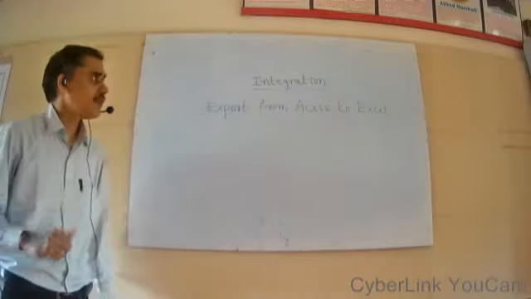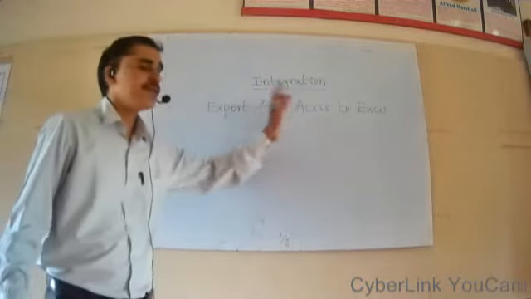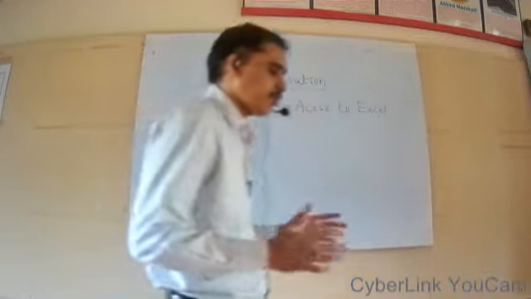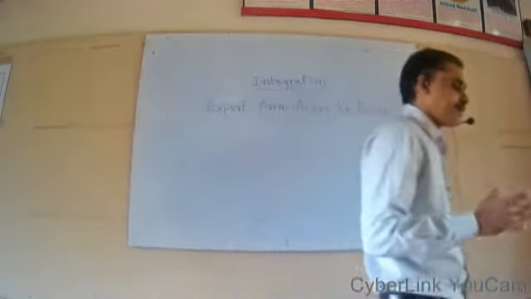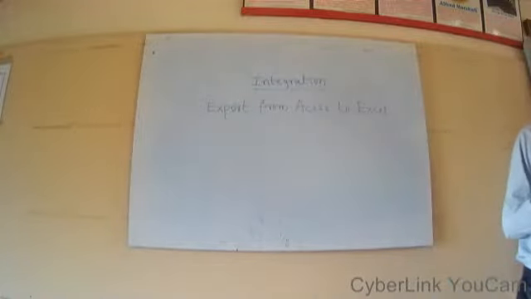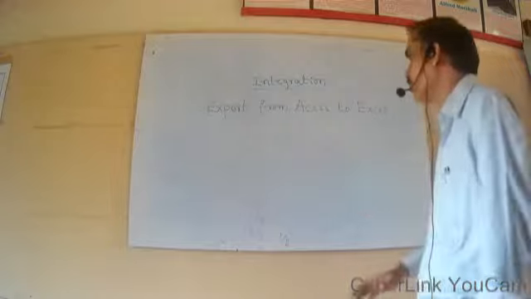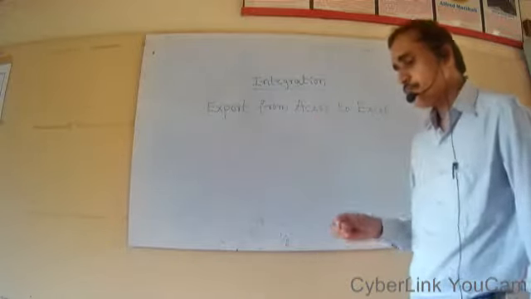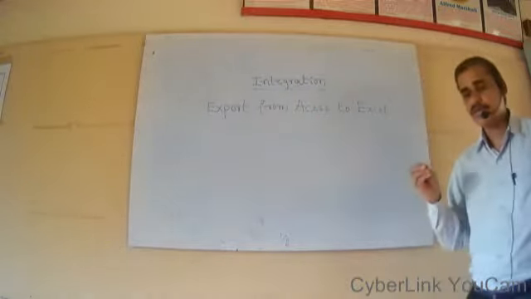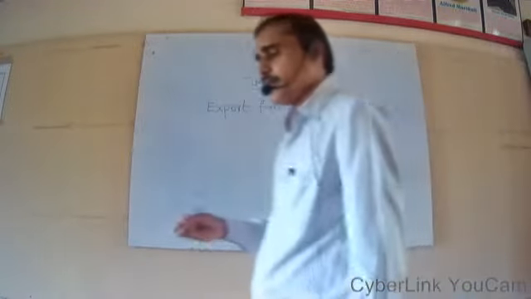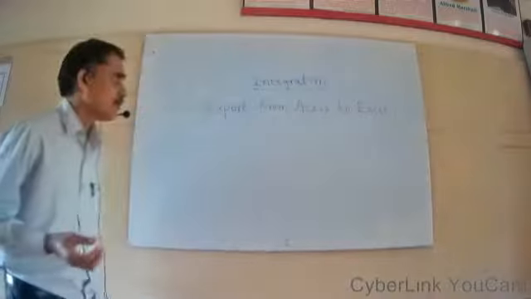How to open the MS Access database file? First we have to open a blank MS Access application. For that, if the MS Access icon is displayed on your desktop, just double click on that icon. If it is not there, click on the start button, then MS Office, and from MS Office select Microsoft Access.